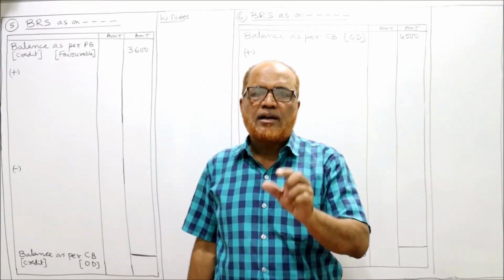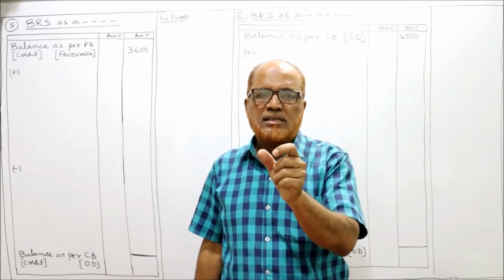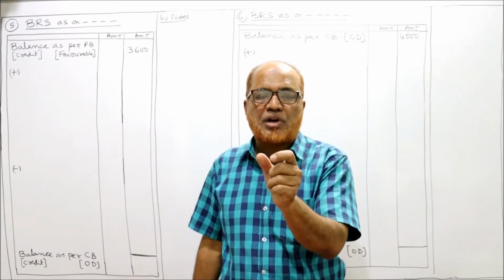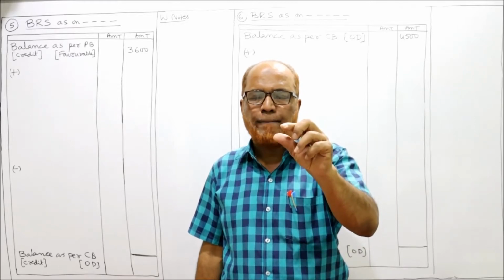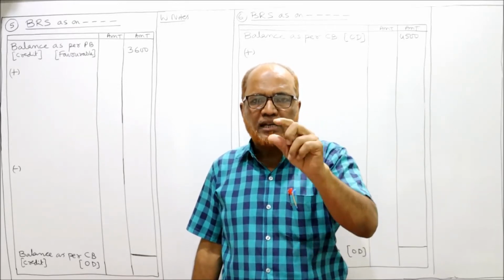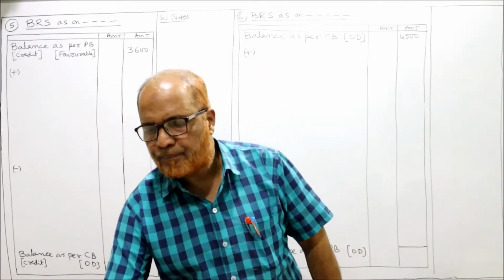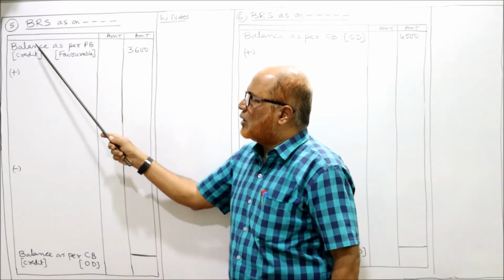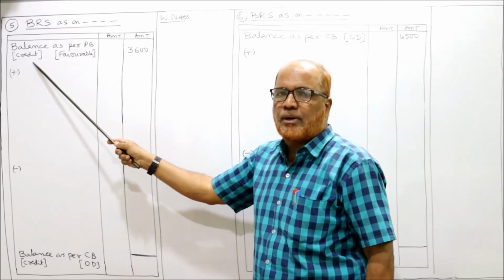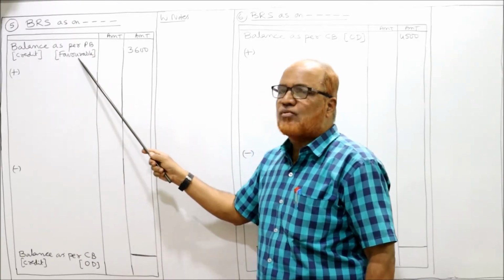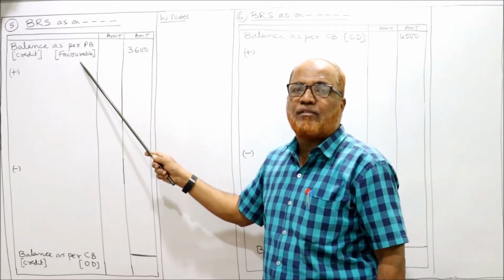Our job is to take the first balance. Balance as per passbook credit means favorable. We will take the favorable balance as per passbook as the starting point. Here you can see I have taken BRS as on, balance as per passbook, credit balance, as given in the problem. The passbook showing a credit balance means we have a favorable balance.